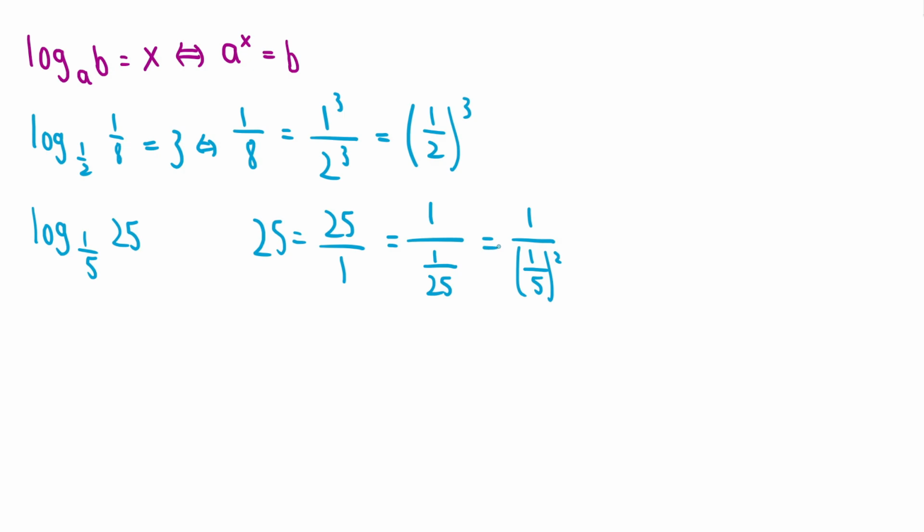So using exponent laws, we can rewrite this as 1/5 to the power of negative 2. So 25 is just equal to 1/5 to the power of negative 2. So we need to raise 1/5 to the power of negative 2 in order to result in 25. So log base 1/5 of 25 is just equal to negative 2.